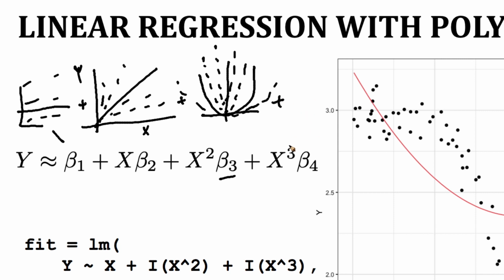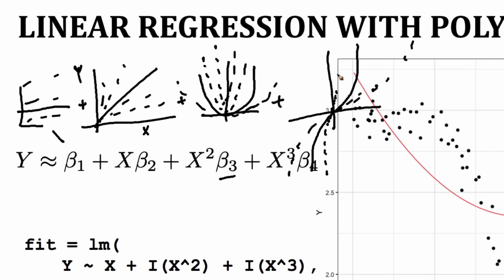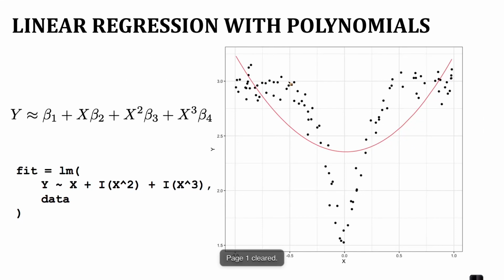And then similarly over here, I have this basis function, which is this cube, which looks like this. Similarly, by changing the coefficient, a larger coefficient makes that wider, or vice versa. And then I'm just summing all of those together to get this final fit. Okay, so that's the idea for the coefficients.